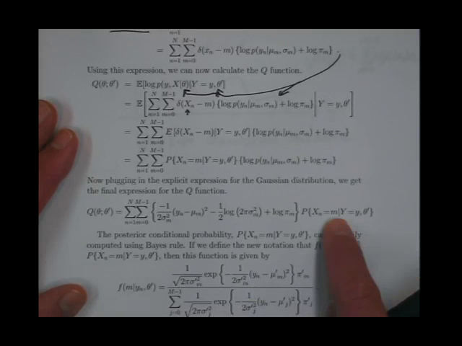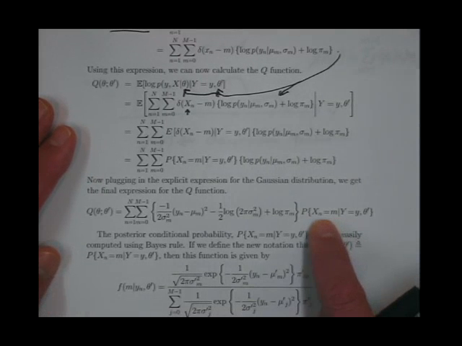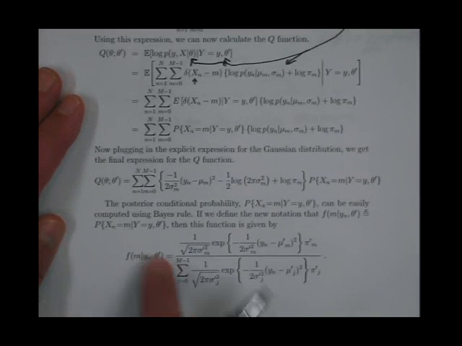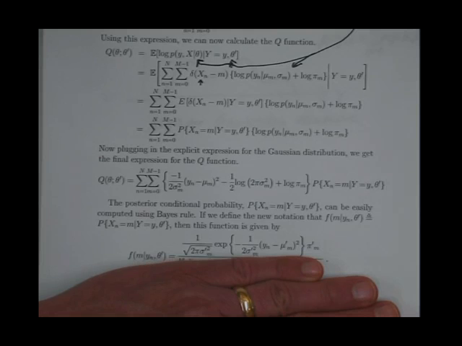Now you say, well, how do I calculate this? Well, I can actually calculate this conditional expectation. This is like the posterior distribution in Bayesian estimation. You could just use the standard Bayes rule to do it. The numerator of this expression at the bottom of page 155 is the joint distribution of y and x, right?